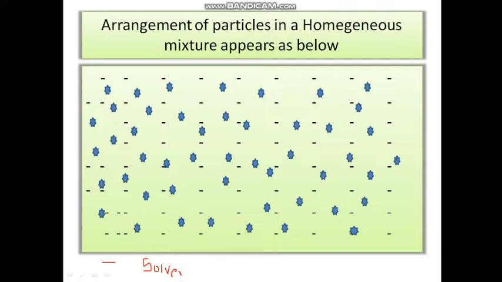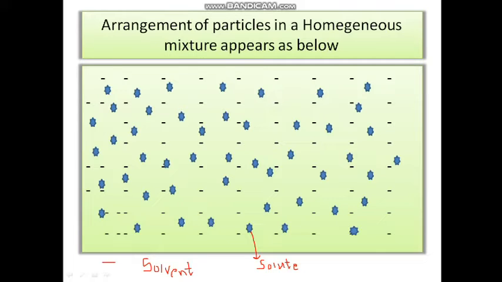Now the present system is a solution which contains both solvent and solute. If you consider the arrangement of the solute, it is distributed uniformly throughout the system. That means it has equal proportion throughout the system.